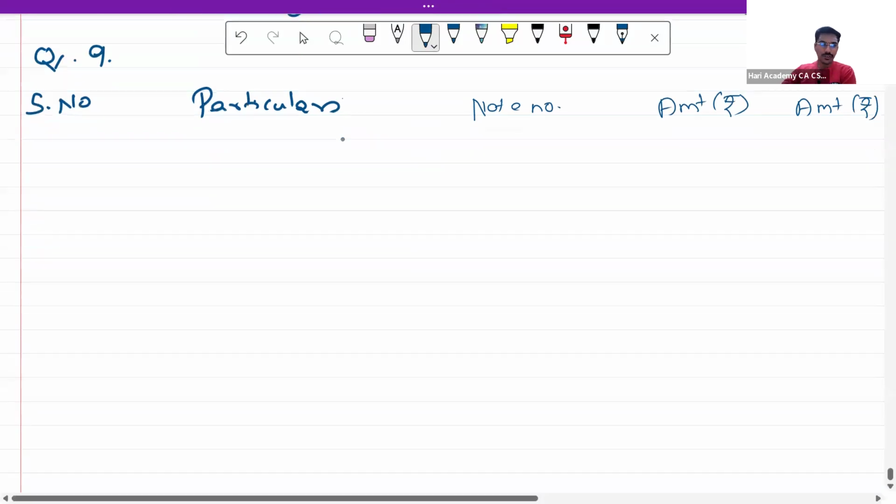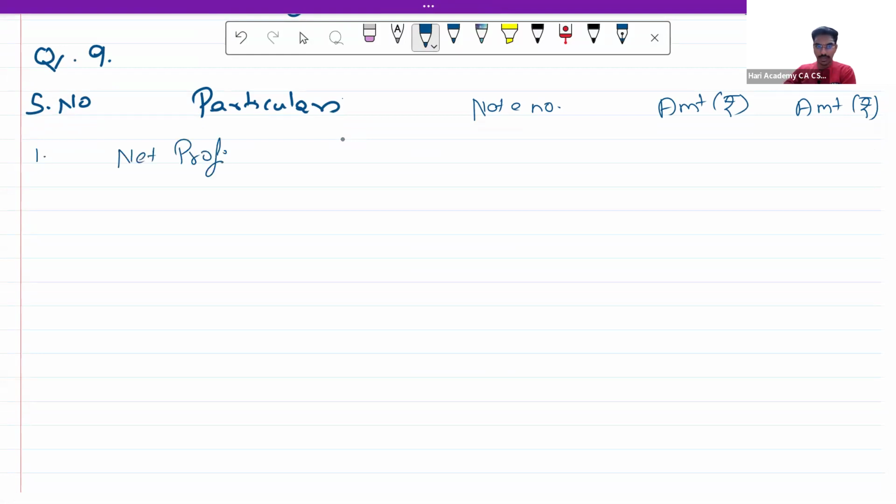In this type of question, what you have to do is first start with net profit. Net profit as per P&L account. This will be your starting point.